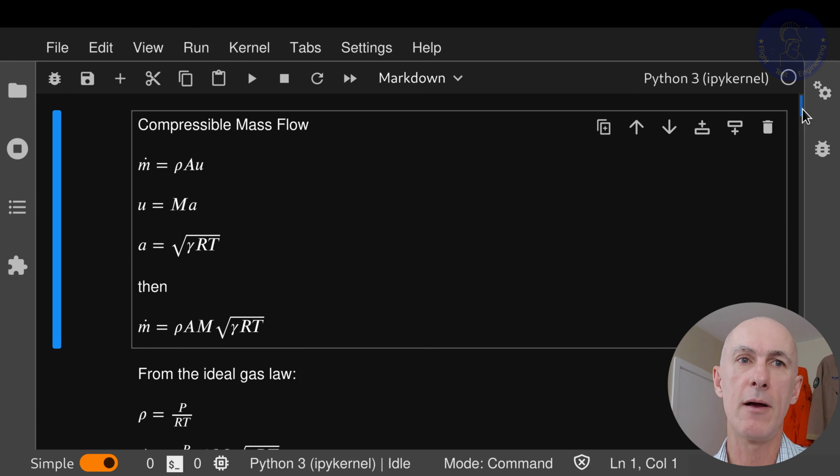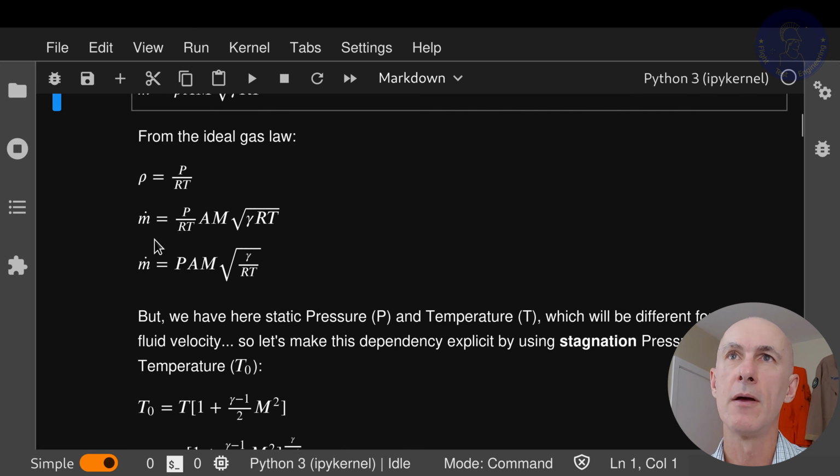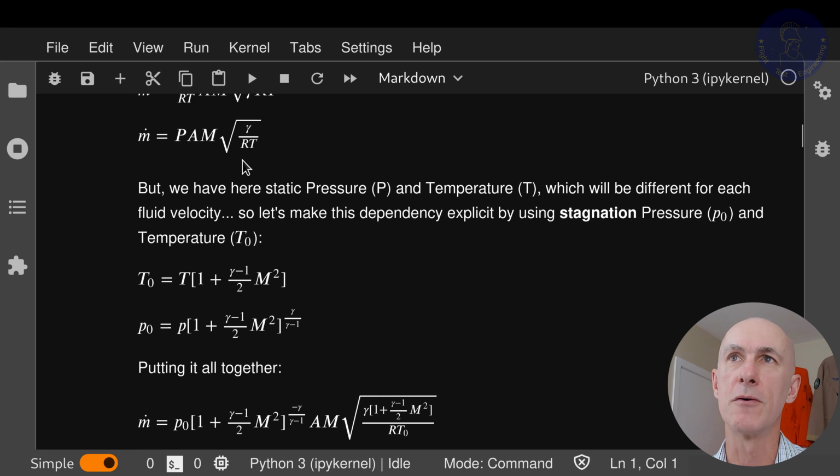Then our m dot can be written as rho A M times square root of gamma RT, which is a. We can then substitute density from the ideal gas law, where density is P over RT. So we have our mass flow equals P over RT times area, times Mach number, times square root of gamma RT. We can simplify a bit by placing the RT under the square root, like so.